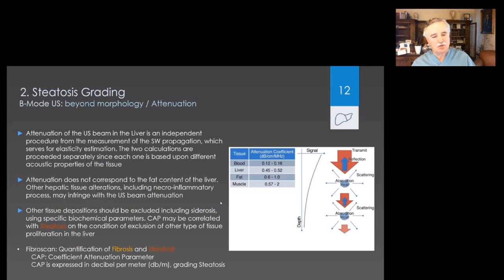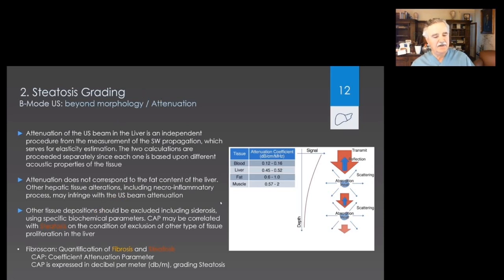Attenuation does not correspond to the fat content of the liver. Other hepatic tissue alterations, including the necro-inflammatory process, may interfere. Other tissue depositions, including siderosis, should be excluded using specific biochemical parameters.